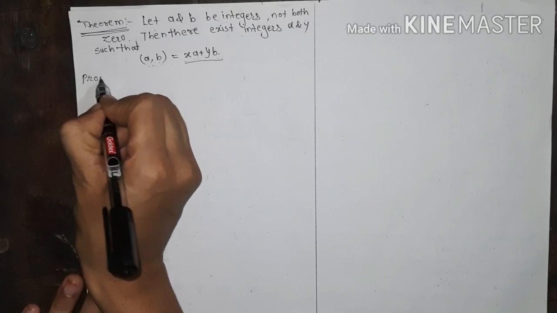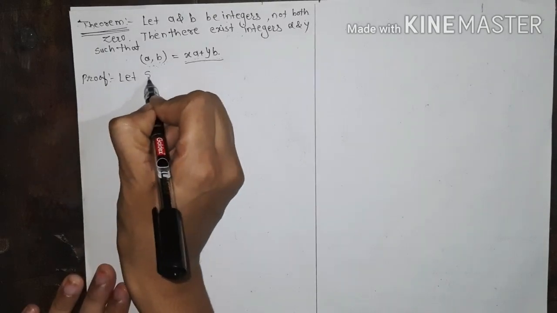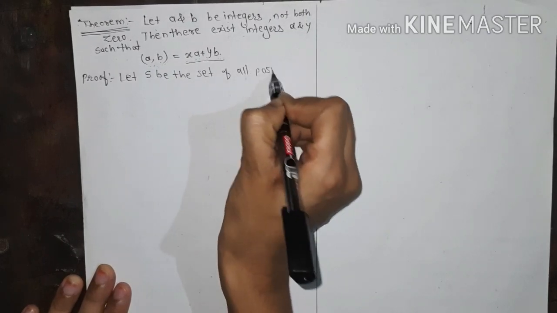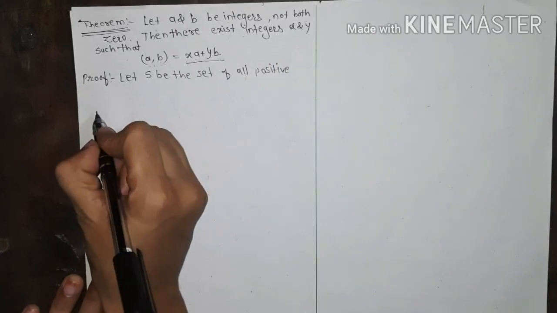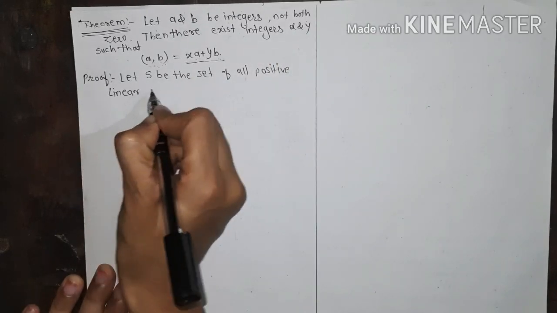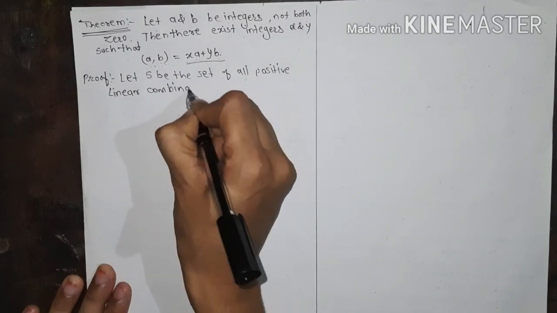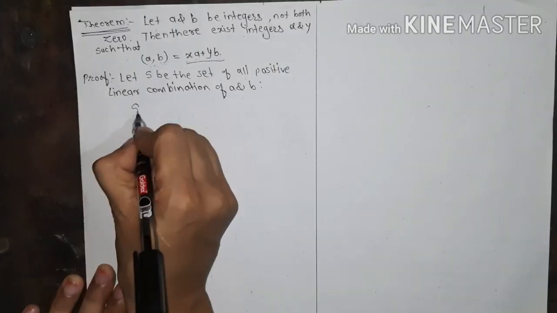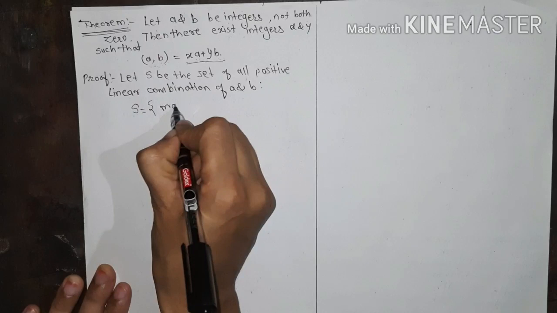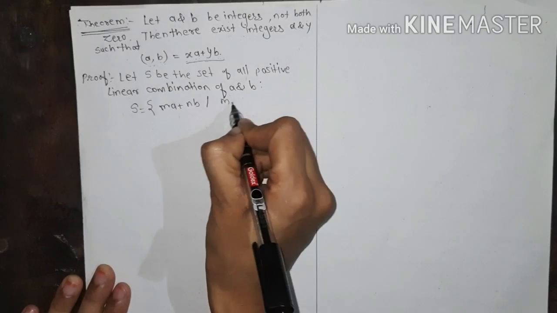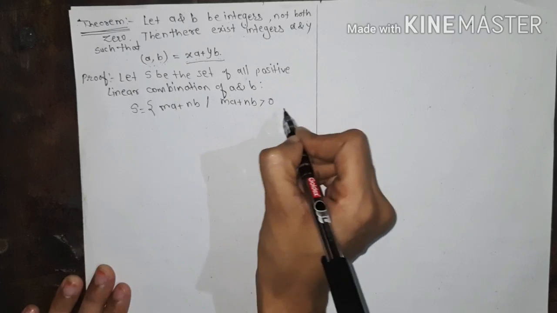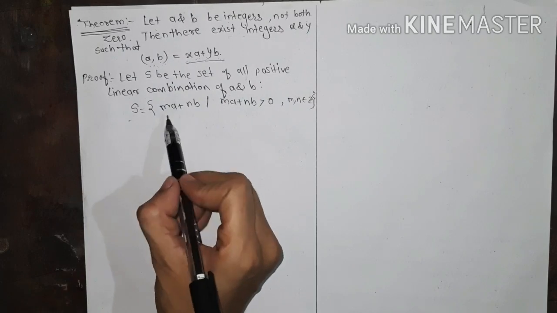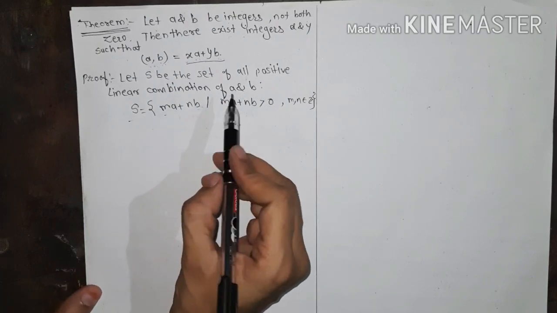We write in proof: let S be the set of all positive linear combinations of A and B. So we consider S equals the set of MA plus NB such that MA plus NB is greater than 0, where M, N belong to Z. So we consider the set of all linear combinations.